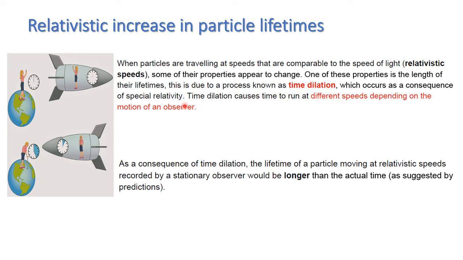So with this consequence of time dilation, the lifetime of a particle moving at relativistic speed, that is not normal speed, as recorded by a stationary observer would be longer than the actual time. This cartoon is showing that.